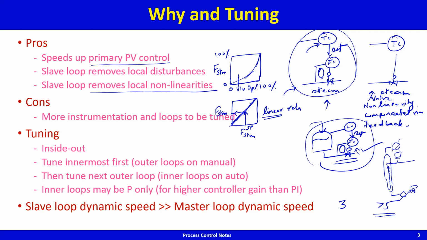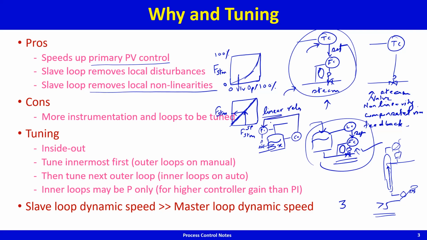Well, if you take a flash drum, the pressure dynamics will be very fast because you put in more steam, more vapor will boil up, and the pressure will increase. So the pressure dynamics with respect to the steam is going to be very fast, but then the composition or the temperature will change slowly because you have so much hold up in the tank. So you could have, for example, a pressure controller adjusting how much steam is going in, and then maybe a slow composition controller that sets the set point of this pressure controller.